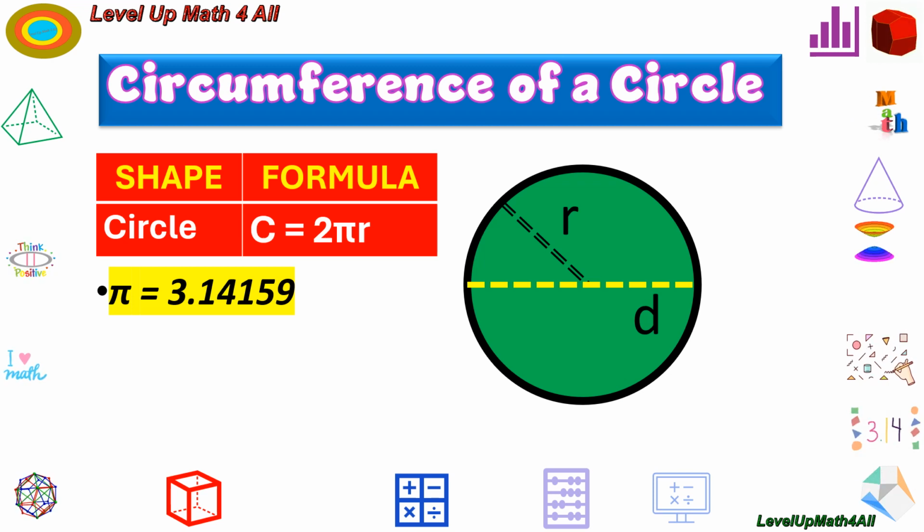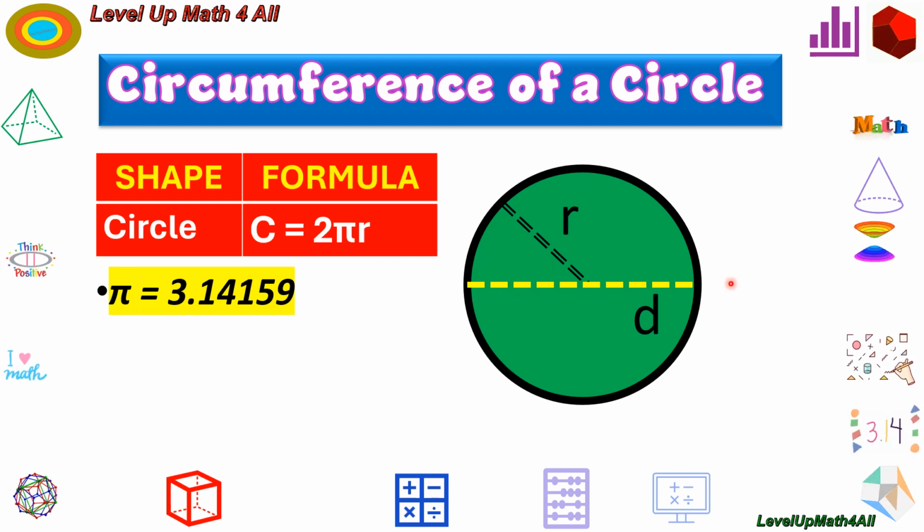So the formula for circumference is represented as C, and C is equal to 2 pi r. I will explain in a minute what we mean by circumference. If you look at the circle, as we discussed previously, the radius is the length from the center point to any point on the circle's edge.